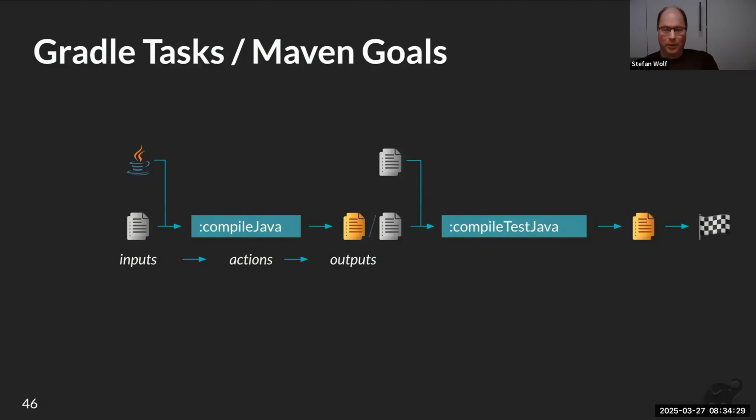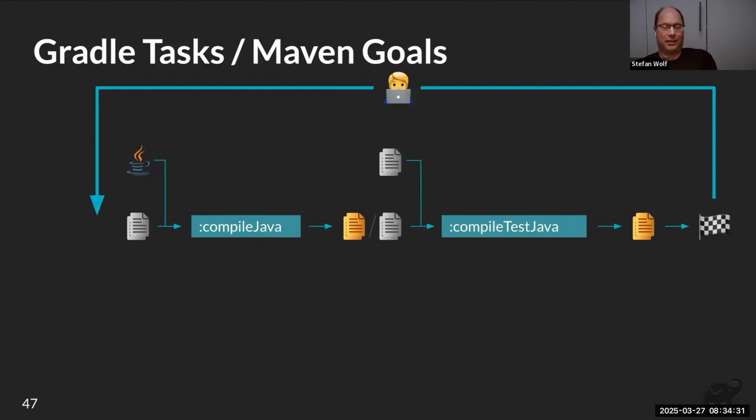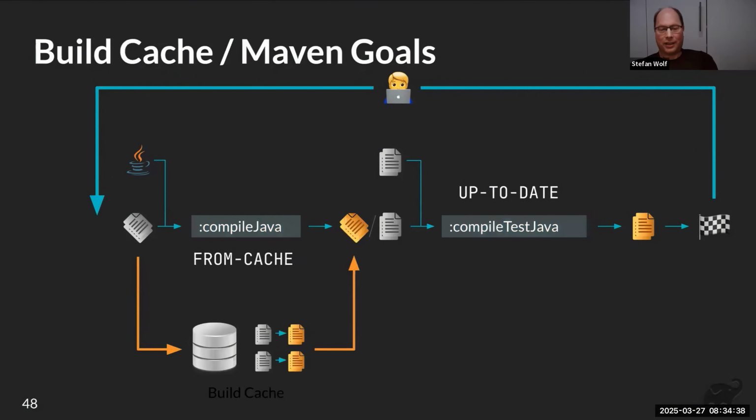And then you start again. You always start again, make some changes and run the build again. What the build cache does is capture the inputs in some form, and if somebody ran this task or goal on some other machine already, mostly from CI, you would get the results from CI. Or if you ran it locally, you would go back to that state again.